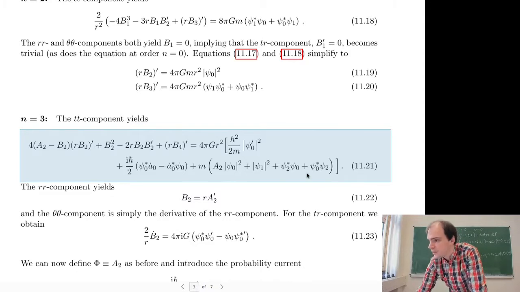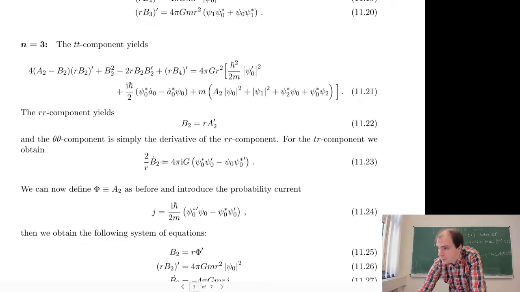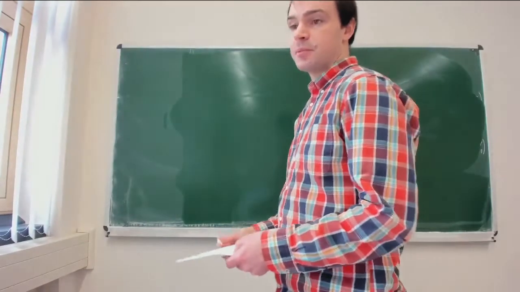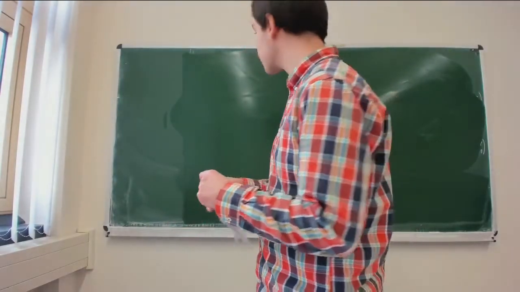We find a slightly longer equation that contains now also, for the first time, an a coefficient. And again, we find equations for the RR, theta theta, and TR components.